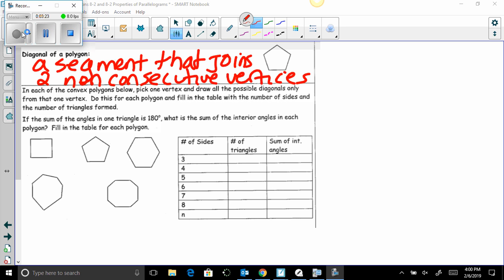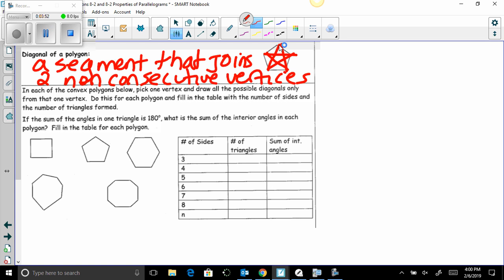Here's one diagonal, and that joins those two non-consecutive vertices. They're not right next to each other, those vertices. I can do one here. I can do one here. Where else do I have some diagonals? Did I miss this part? I missed that one there. Oh, and I also missed this one right here. So that shows all my diagonals inside of there.